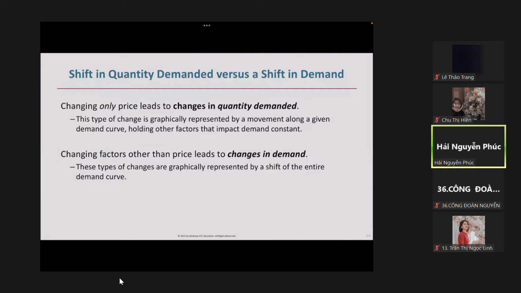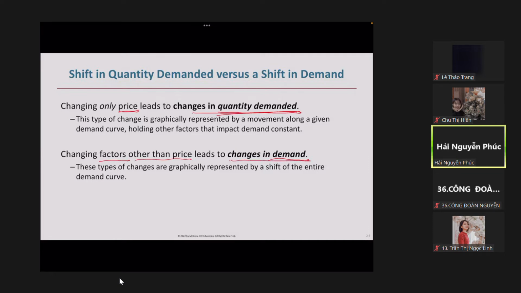Talking about the demand side, it is very important to distinguish the two terms, quantity demanded and demand, right? If you have learned microeconomics, I hope that you already know that a change in the price will lead to a change in the quantity demanded. Price change will lead to a change in quantity demanded. All factors other than the price will lead to a change in demand.